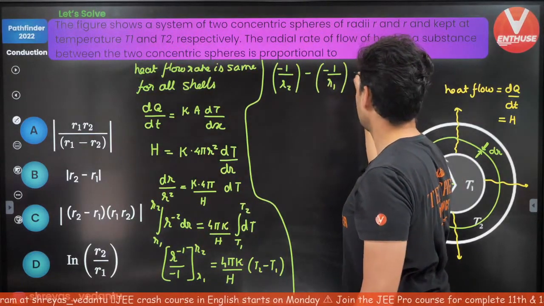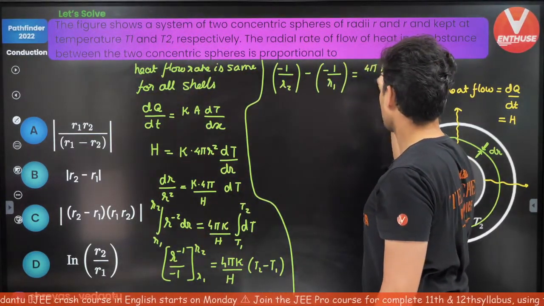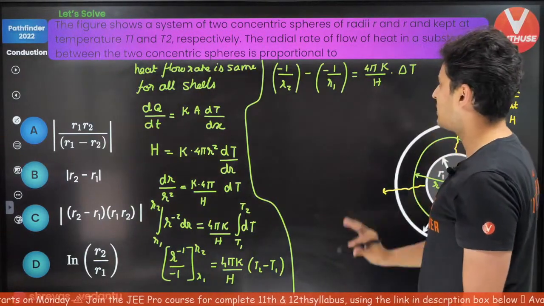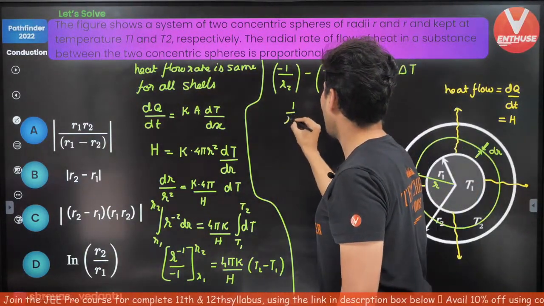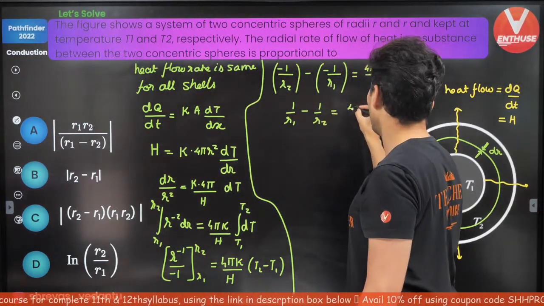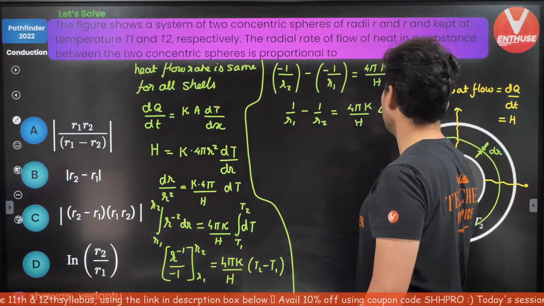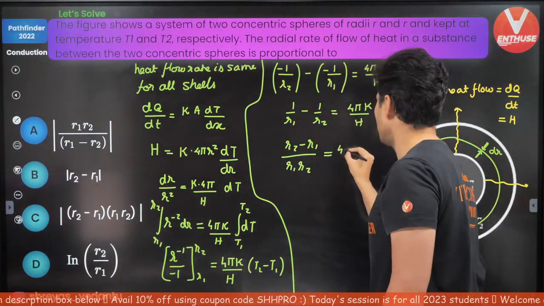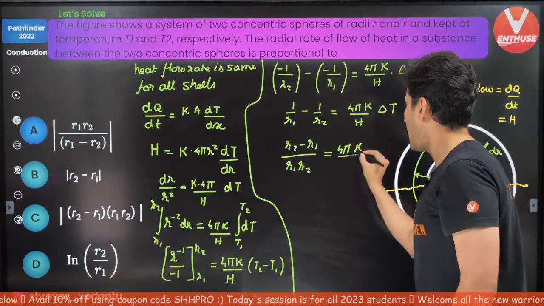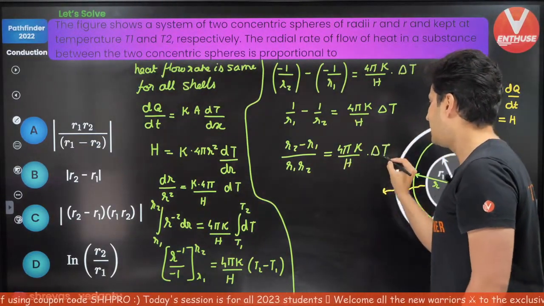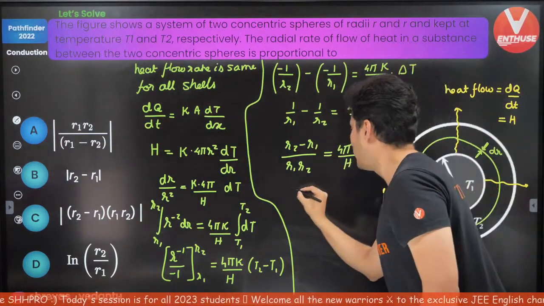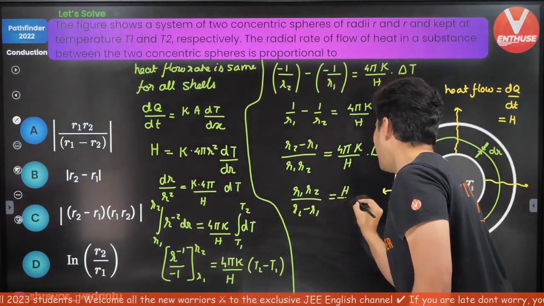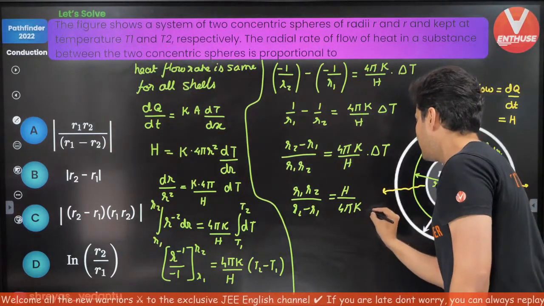This is equal to 4 pi k divided by h, and here you have the temperature difference, which is T2 minus T1, delta T. So this will become 1 by R1 minus 1 by R2 is equal to 4 pi k by h delta T. If I take the LCM, it will become R2 minus R1 divided by R1 R2 is equal to 4 pi k, h is there as it is below, into delta T. Now flip it, just flip it, you are going to get R1 R2 divided by R2 minus R1 is equal to h divided by 4 pi k, and this delta T will be here.